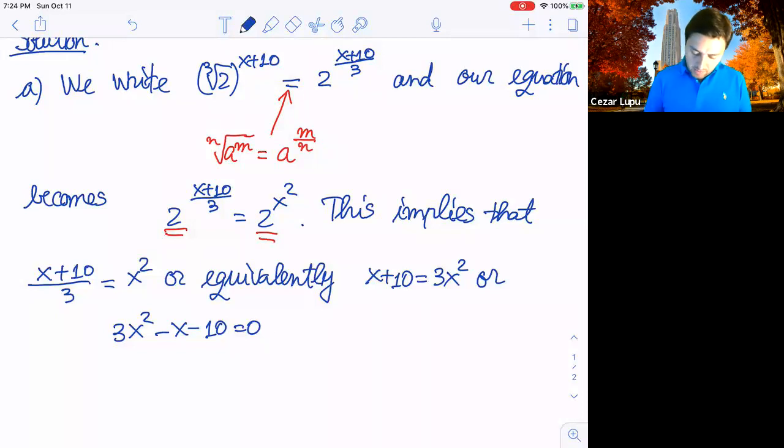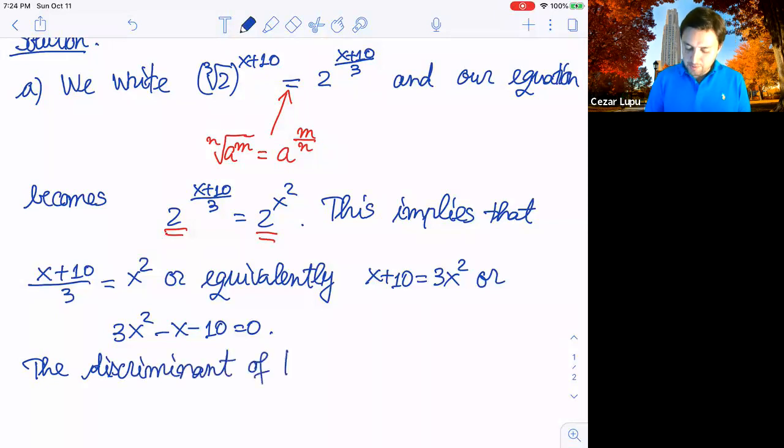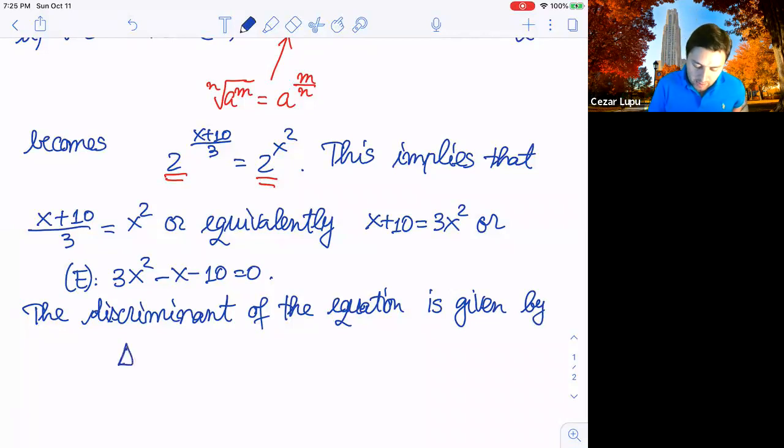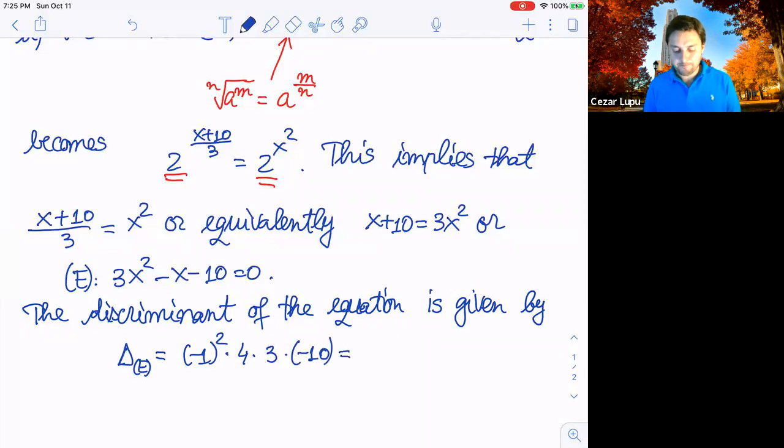So now the discriminant of the equation, let's call this equation E, is given by, let's call it delta E. And this will be minus 1 squared minus 4 times 3 times minus 10.